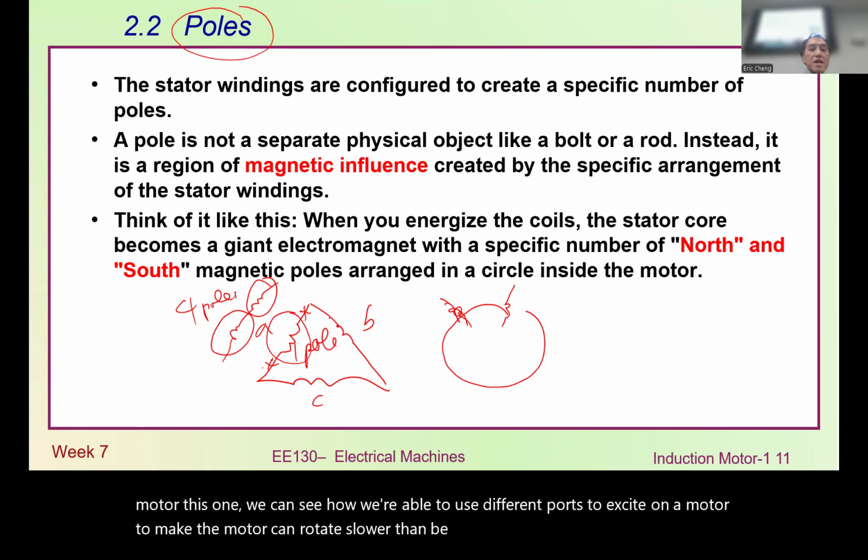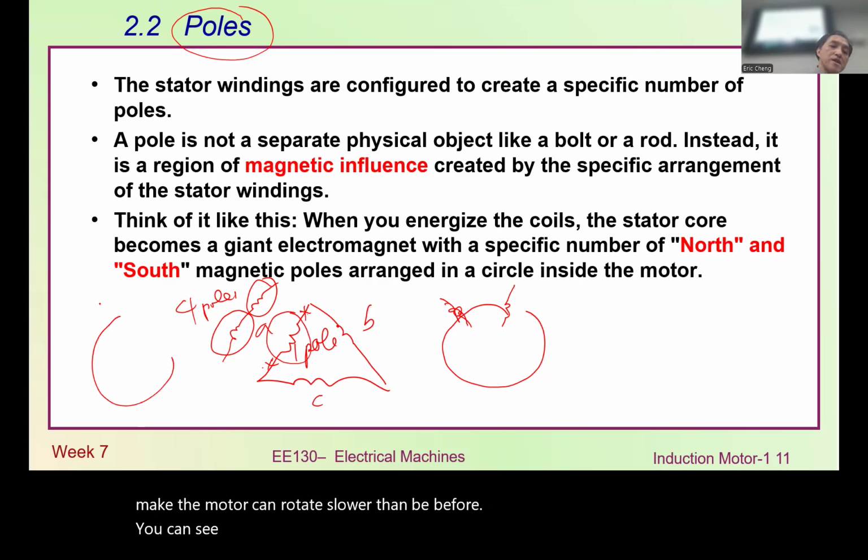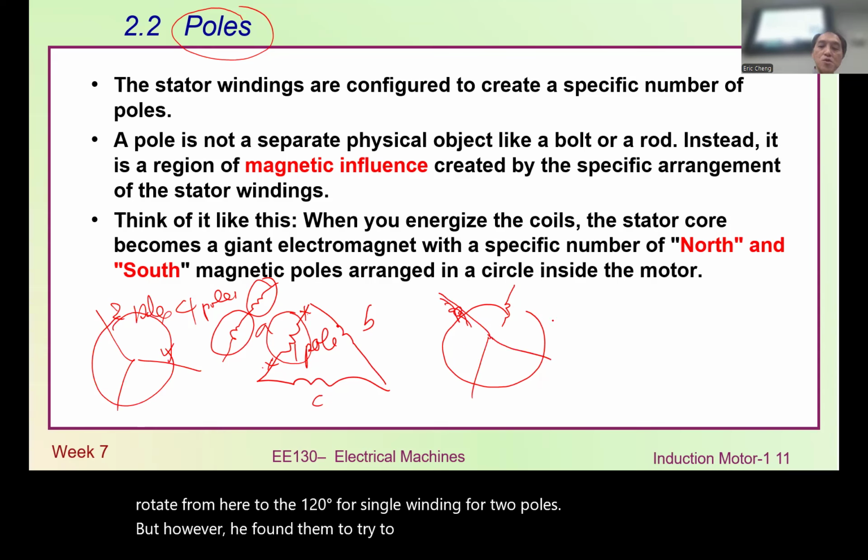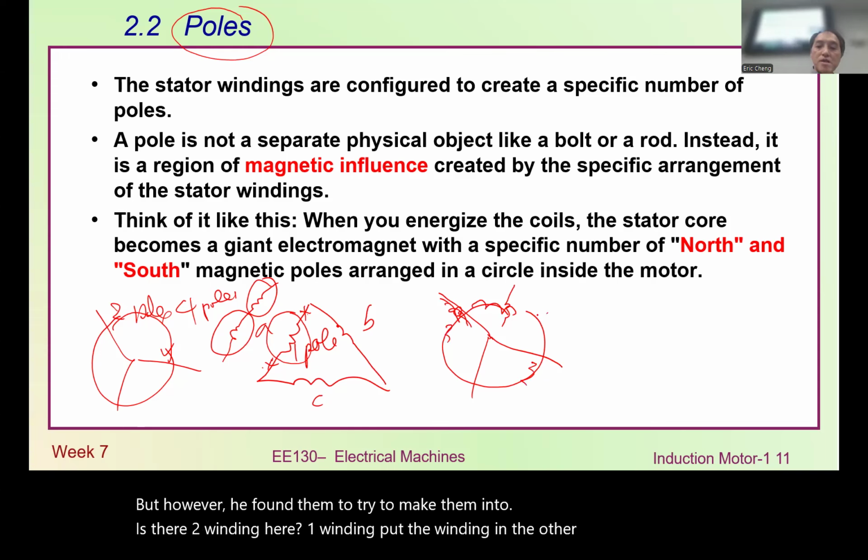You can see that if a motor has three phases in here, each time we energize, it rotates from here to there, 120 degrees, for a single winding with two poles. However, if you now make them into two windings, one winding and another winding on the other side, then we have six windings here.